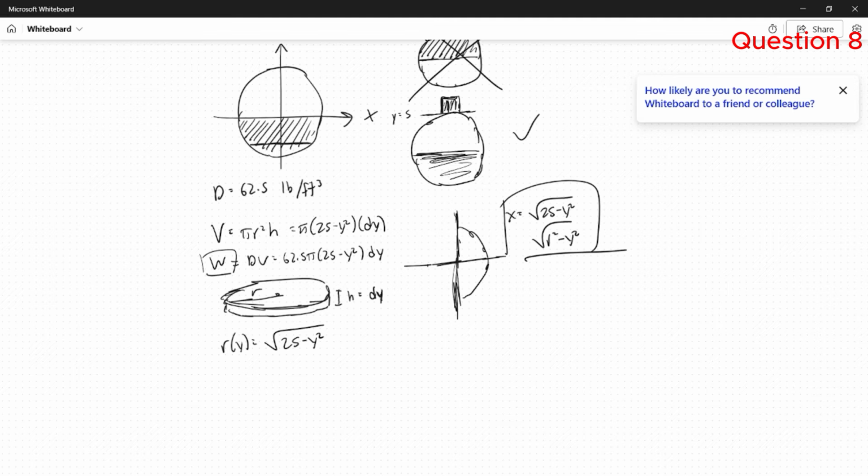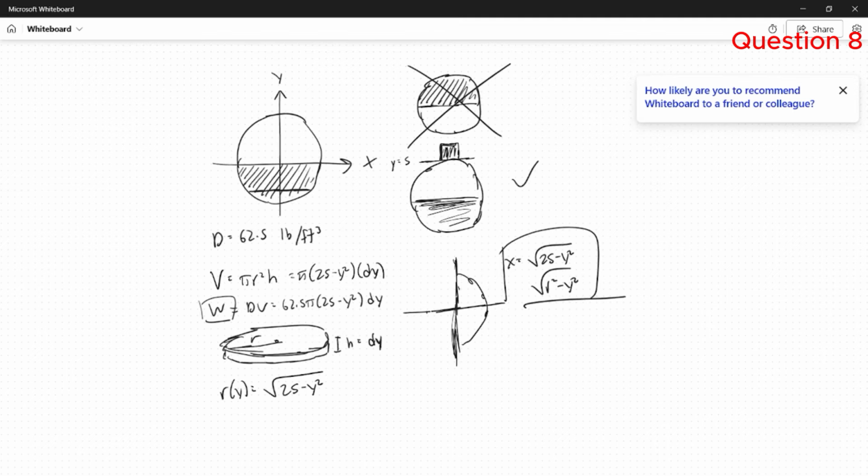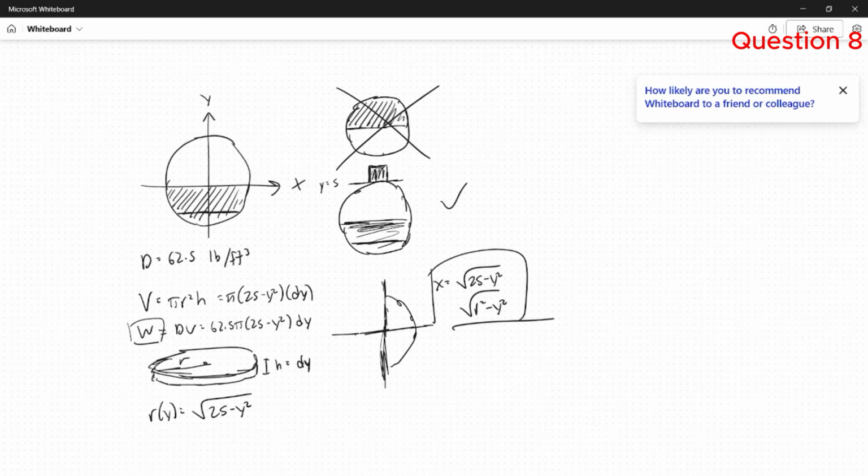What it comes down to now is finding the total distance that the water, or any slice of water, might travel to be pumped to the top of the tank. So we're going to come back to this example here. If I have water, the water has to travel this distance of y, and it has to travel this distance of 5 to reach where it's going to go.